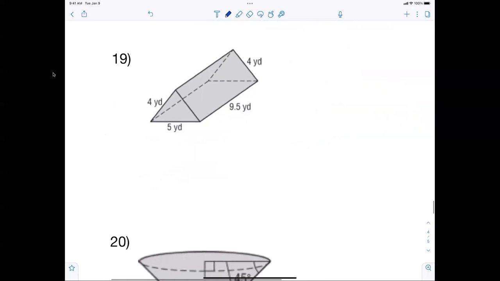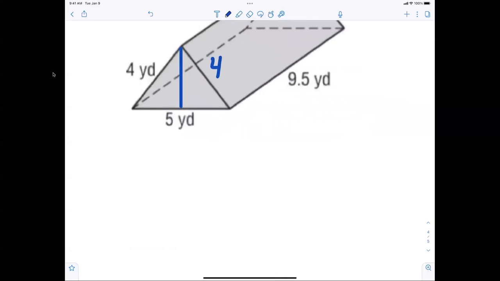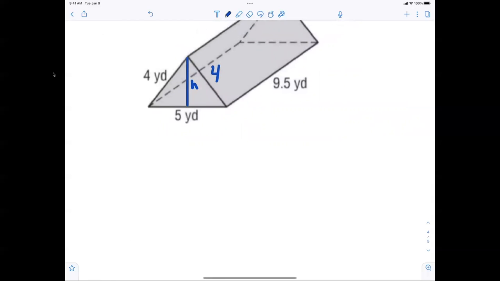Now, don't be confused on 19 because it's an isosceles triangle, right? So how do I calculate that height? It's definitely not a 30, 60, 90. No, you don't even need trig. I need to calculate H. Just Pythagorean theorem, exactly, because from here to here is how much? 2.5.